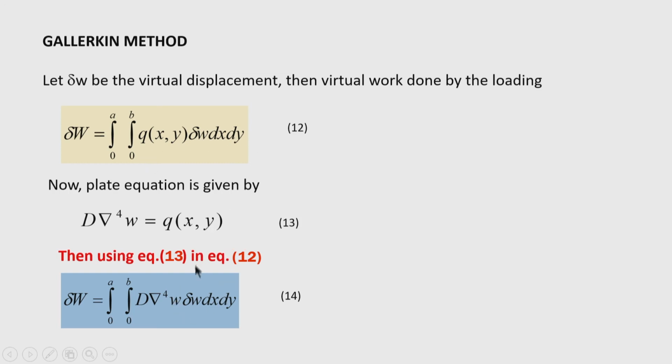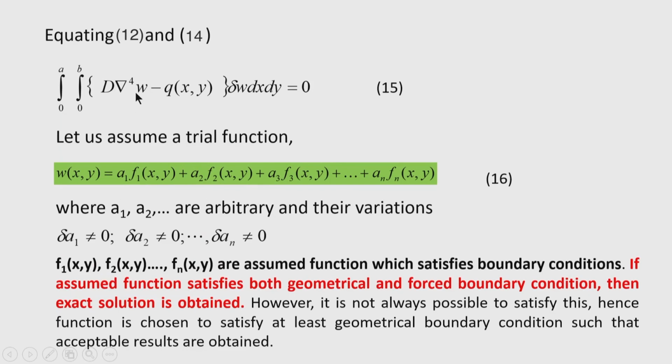So, we can now take this common term, delta w dx dy, and the other term will be D del 4 w minus q(x,y), and this is the common term. So, it is equated to 0.